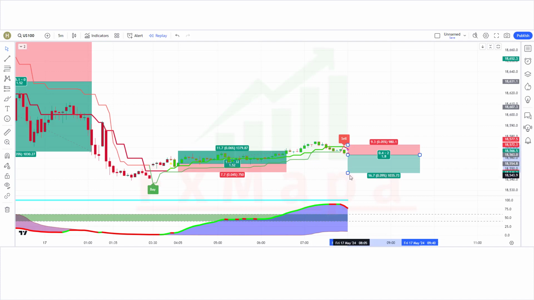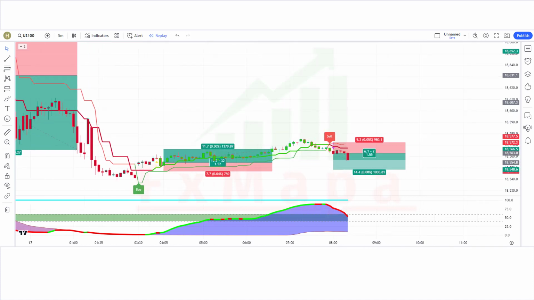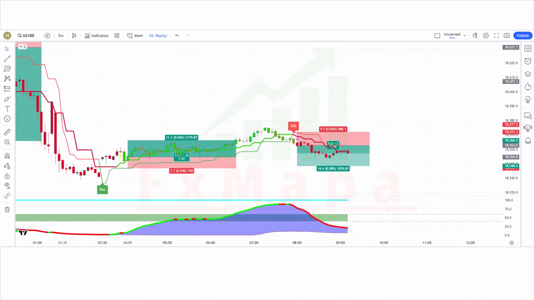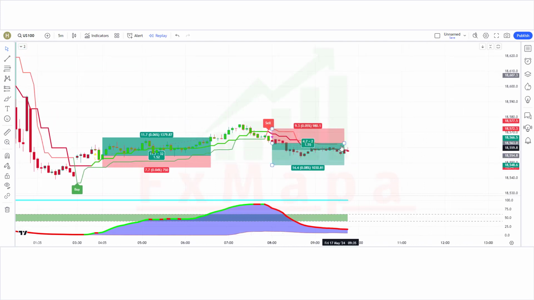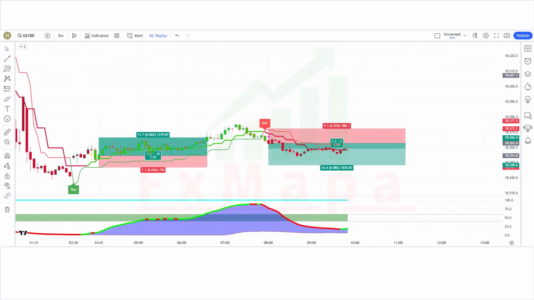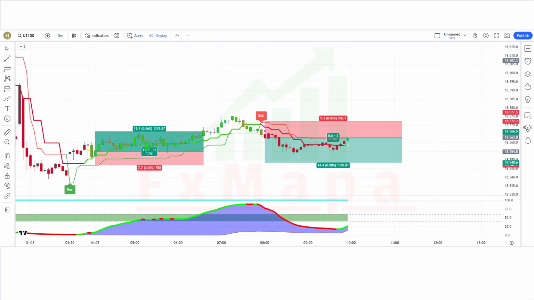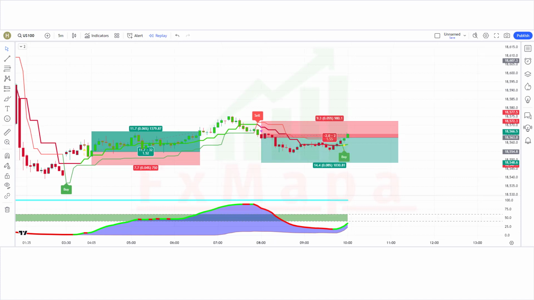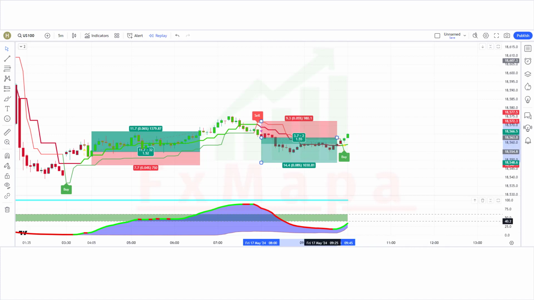And the risk to reward ratio will be 1:1.5. Let's see what happens to our trade. Our trade is running in profit. Here we are closing our trade as we have received a buy signal.